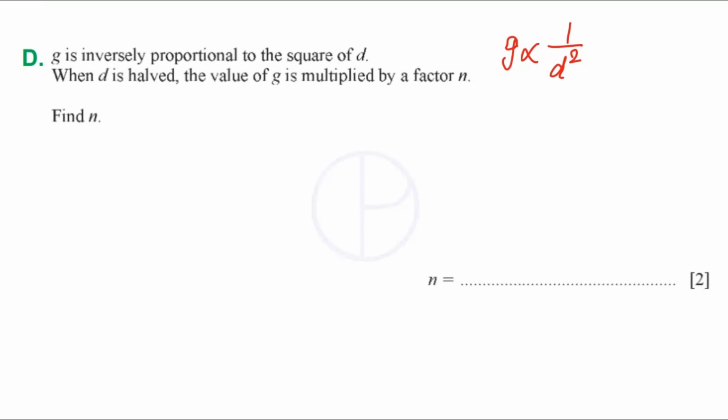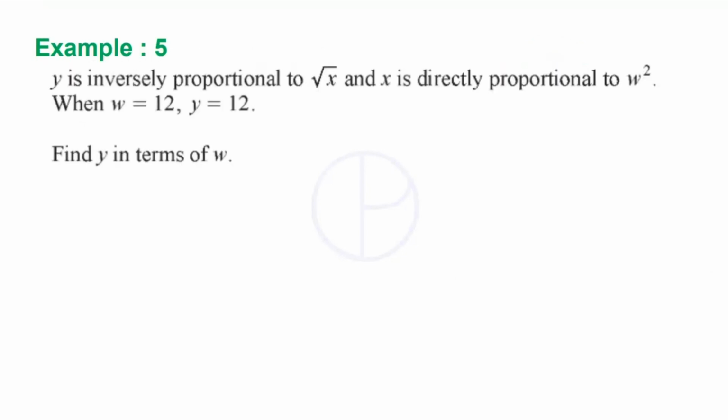So the next question combines inversely proportional as well as directly proportional, both. y is inversely proportional to the square root of x. So y is proportional to 1 over square root of x.